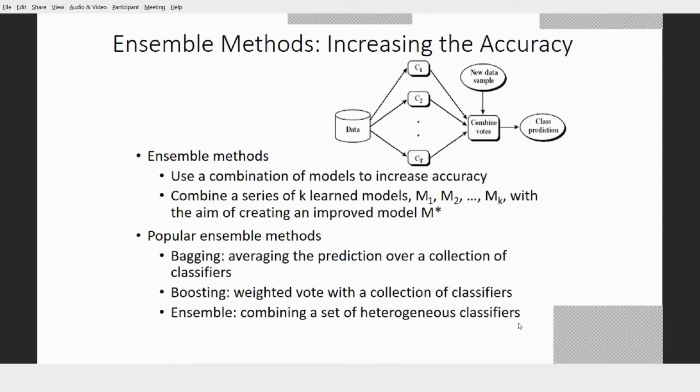Now we will talk about ensemble methods for increasing the accuracy. This is one more topic. As I told you, we used to do it after 1 or 2 machine learning algorithms, but I intentionally took it just after regression and logistic regression so that you get a taste of it. This is not a very difficult topic.